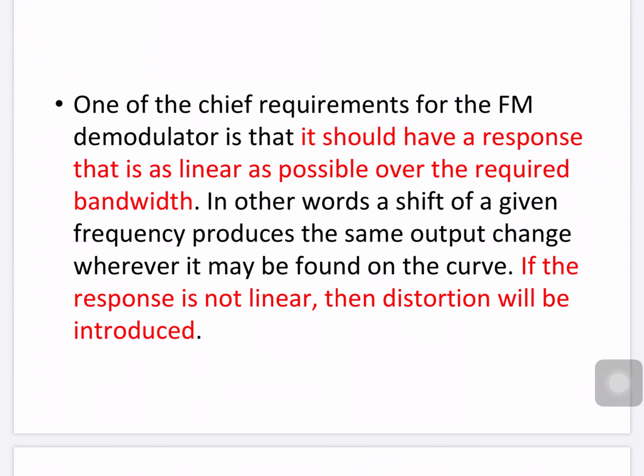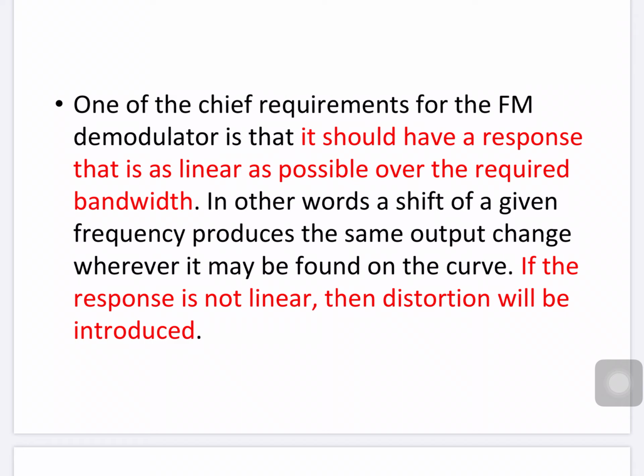One of the chief requirements of FM demodulators is that they should have a response that is as linear as possible over the required bandwidth. Linear response means that when we draw the output graph, we should get a linear slope.